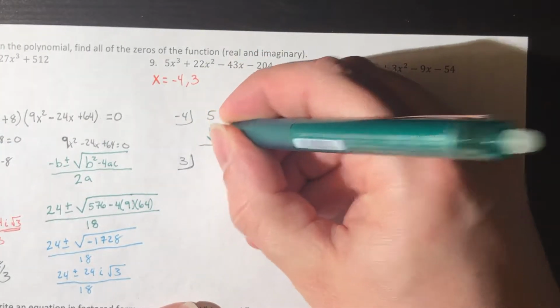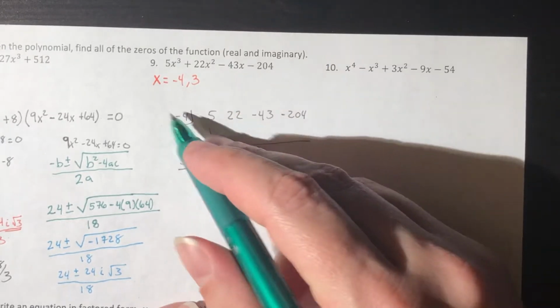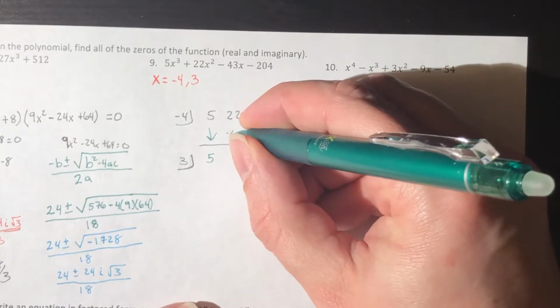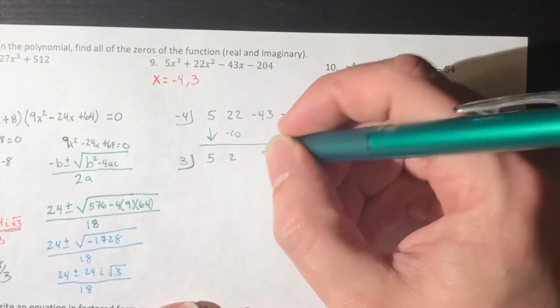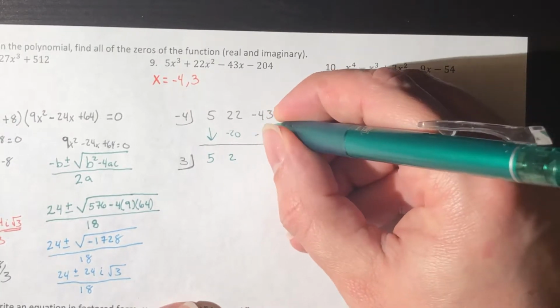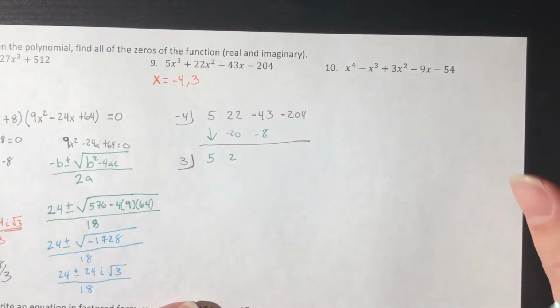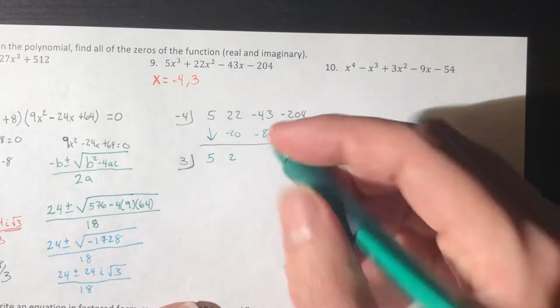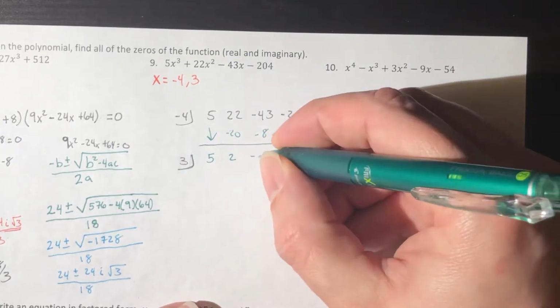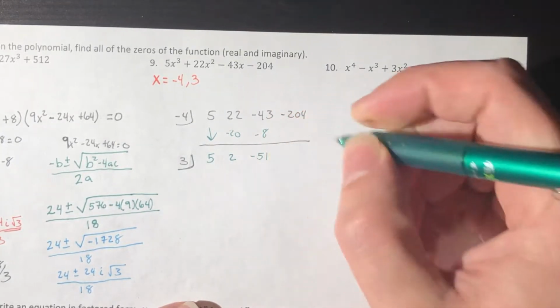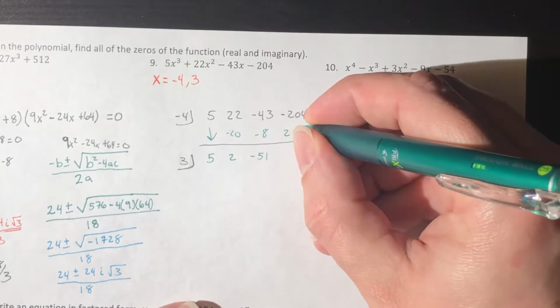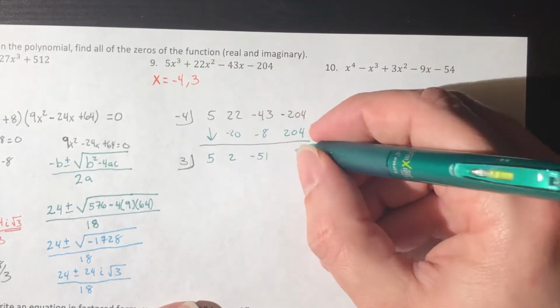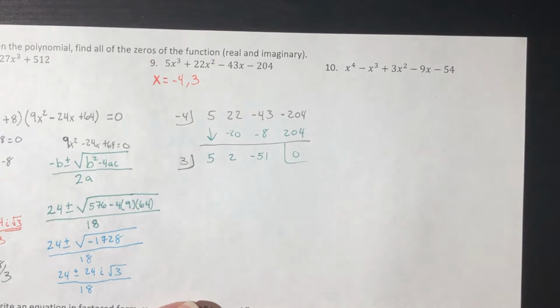The 5 comes right down. -4 times 5, -20, giving me 2. So that's going to be -8. So that gives me -51, which gives me +204, a remainder of 0.